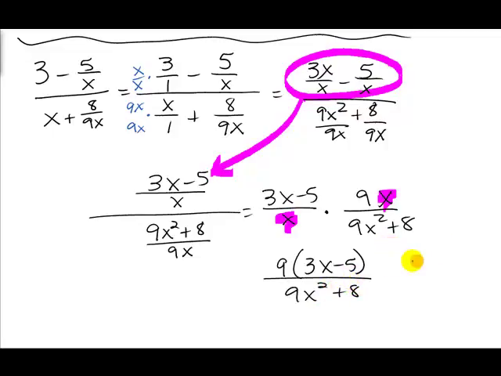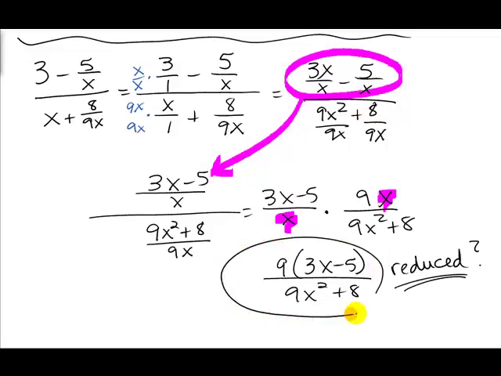Then we have to know, is this reduced? I can't factor this. They have nothing in common. There's nothing else I can take out of here. So this is reduced. And we're going to leave the answer factored.